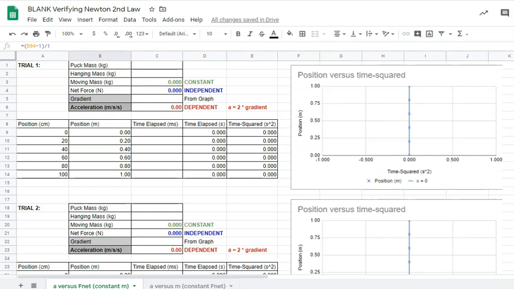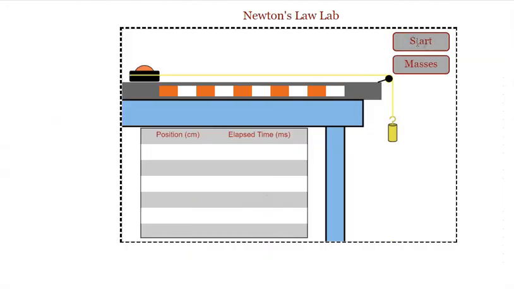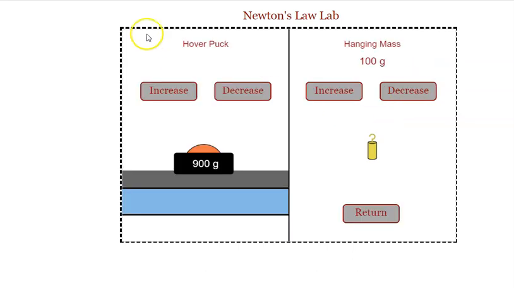So we're going to do 2 investigations, so I'll take you through how to use the simulation to collect that data. I'll reset the simulation, go to the masses, and we're going to start with the hover puck, well, this is equivalent to our trolley with mass on it.